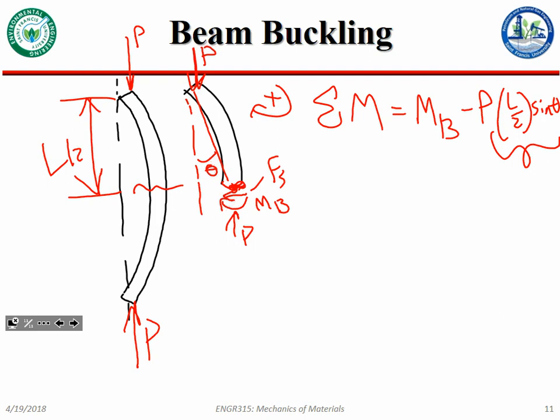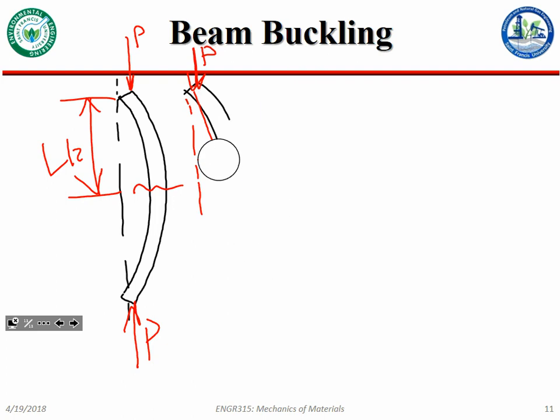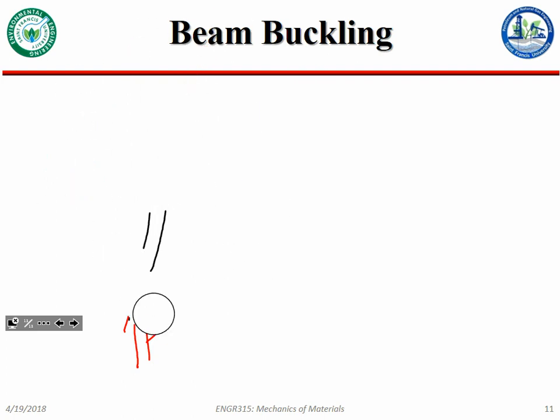Okay, all right. So the point here is that there's some critical load, and if you work it out, you can get that critical axial compressive load to be something like this.